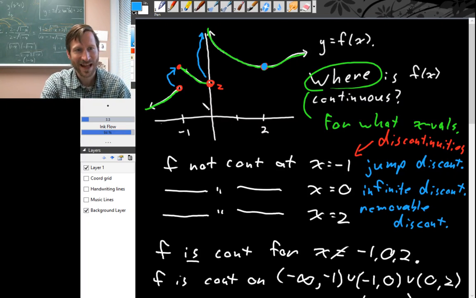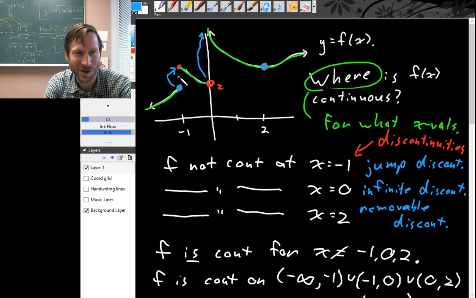The reason that jump discontinuities and infinite discontinuities aren't removable is because if you tried to fix, say, this discontinuity at -1 just by changing a single x value, what x value would you change? I mean, at x equals -1, if you tried to move the function down to this lower height, there's still a discontinuity there.